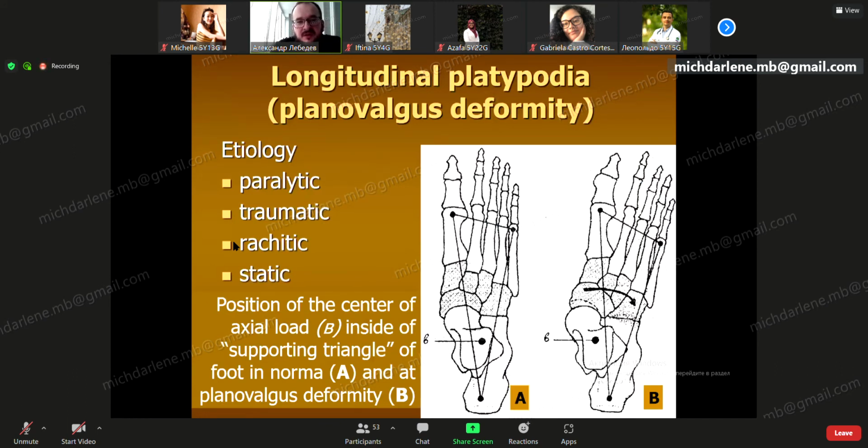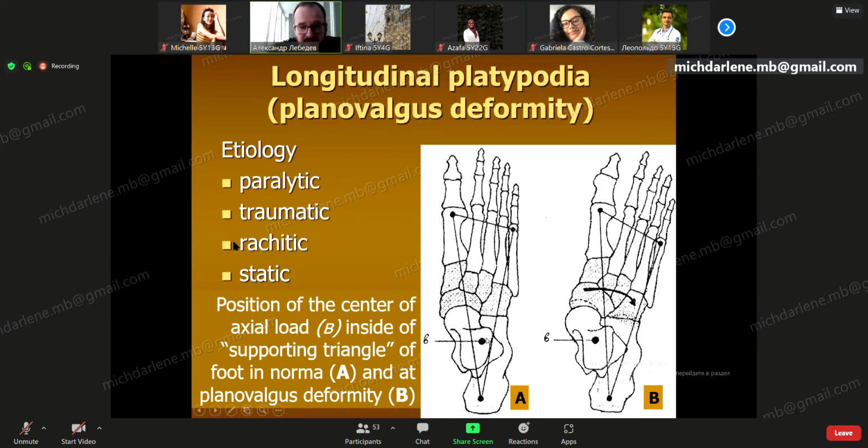If we speak about plantar valgus deformity, the etiology, like others, is paralytic, a problem with muscles and tendons, post-traumatic, rachitic, or depends on problems in static. That's why, what is happening?